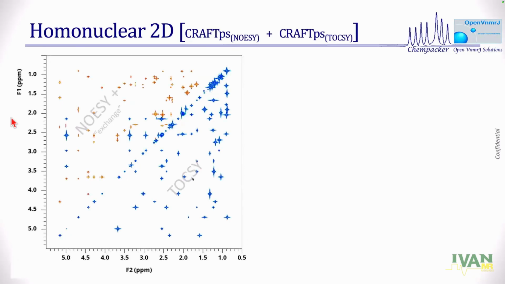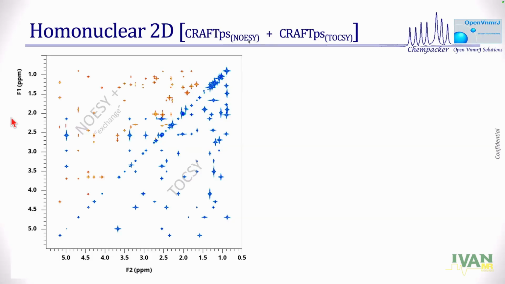Here is another interesting way you can use the table. I can generate a 2D representation, essentially a 2D FID, and perform a Fourier transform FT2D on that CRAFTps simulated FID. That will give you TOCSY cross peaks in one half, meaning when F1 is less than F2 or whatever, and the other triangle can be noisy.